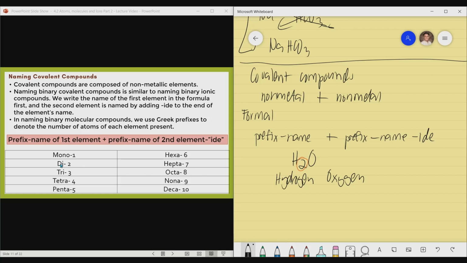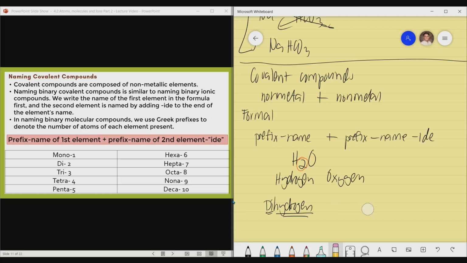So, ang gagamitin mong prefix ay di. So, dihydrogen. Next, prefix name IDE, oxygen. Dahil automatically kapag walang subscript ay 1, pwedeng mono, and then the name, oxygen, and then IDE.